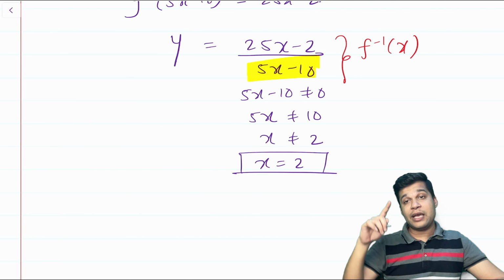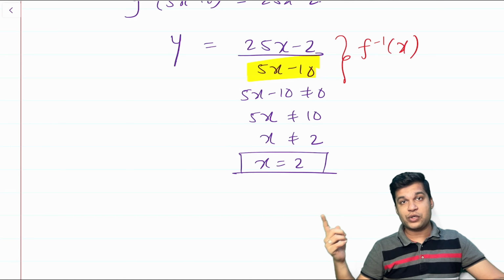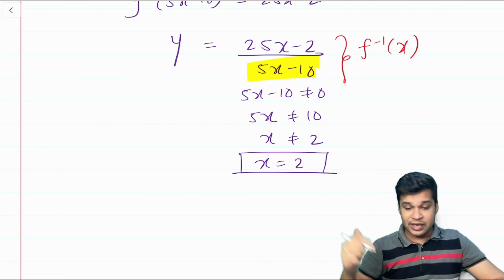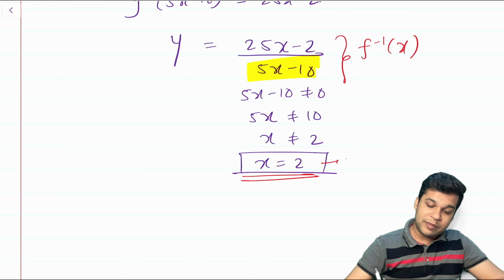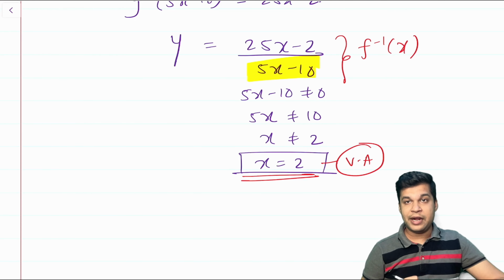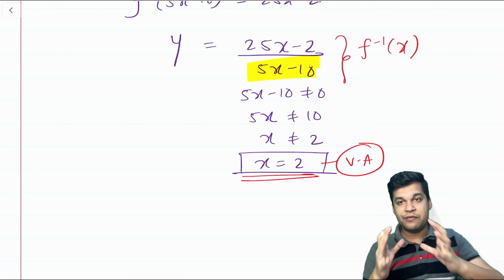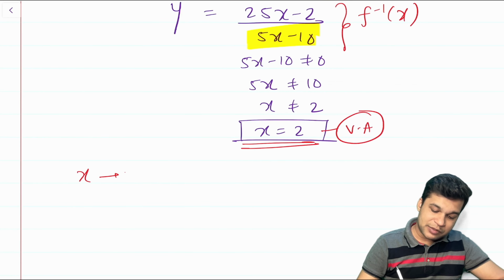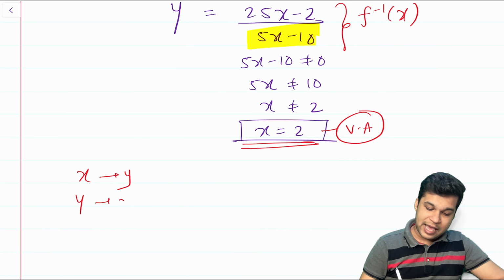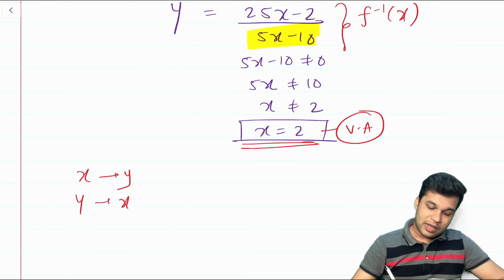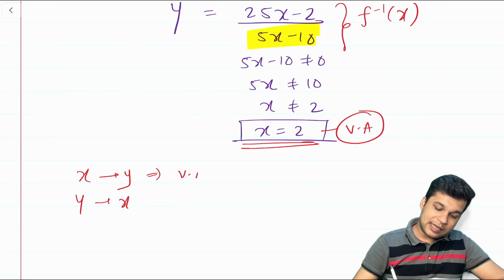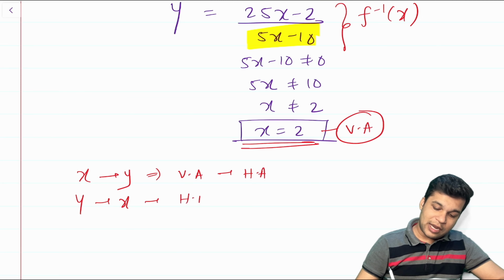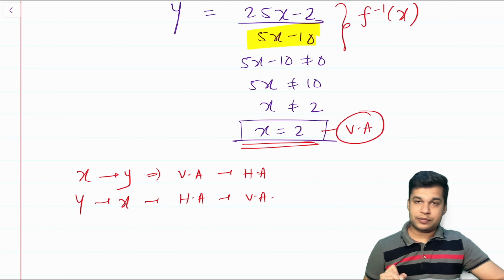So if you draw the inverse of the function that we had earlier, in that inverse function graph, x equal to 2 will be a vertical asymptote. But if you remember, in inverse functions, I have already discussed that x becomes y and y becomes x, which means the vertical asymptote becomes the horizontal asymptote and the horizontal asymptote becomes the vertical asymptote.